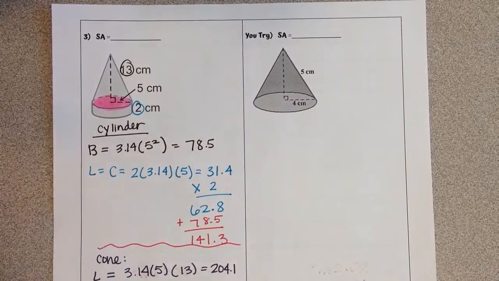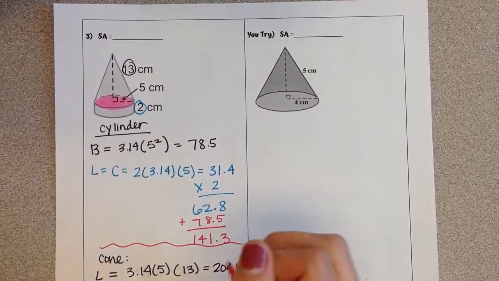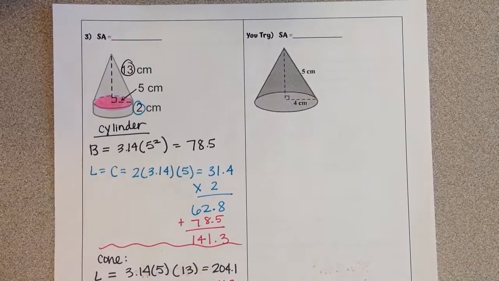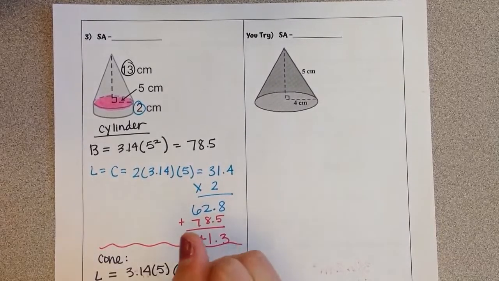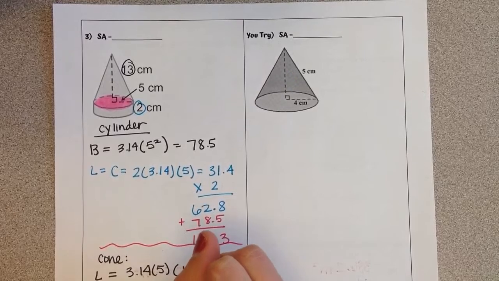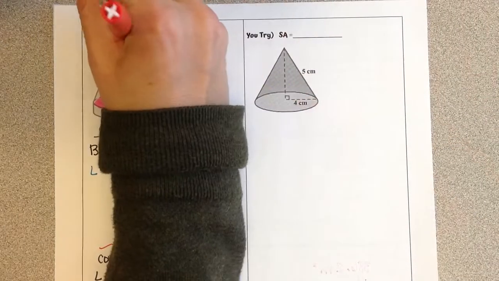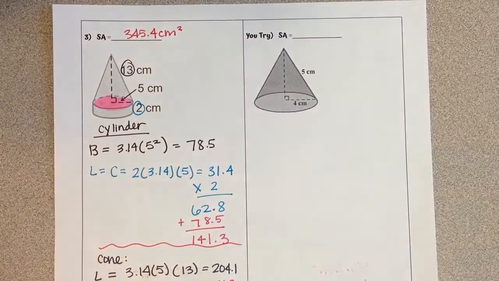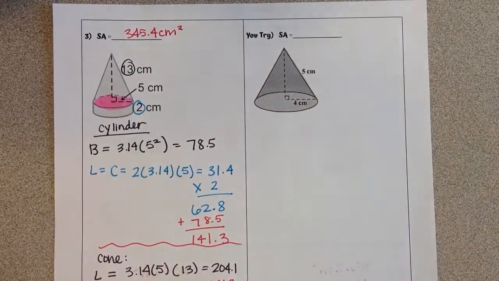So our total surface area for this composite shape is 345.4. So 345.4 centimeters squared. Go ahead and try the next one on your own.